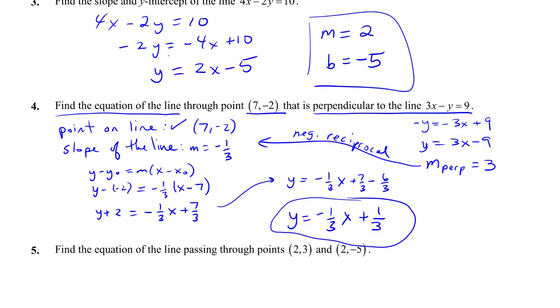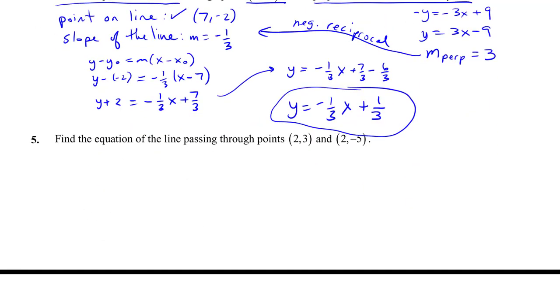Okay, so now another find the equation of a line passing through the points (2, 3) and (2, -5). All right, well, I could go back to my generic way of approaching this: do I have a point on the line and do I have the slope of the line?